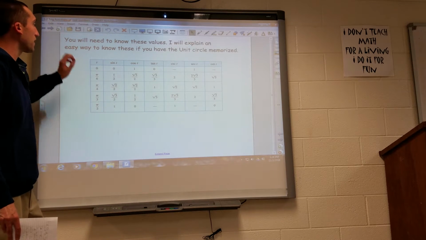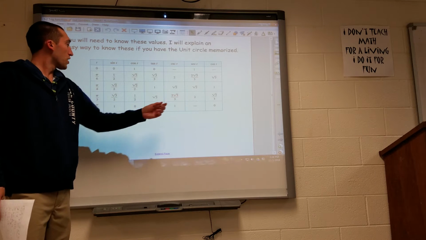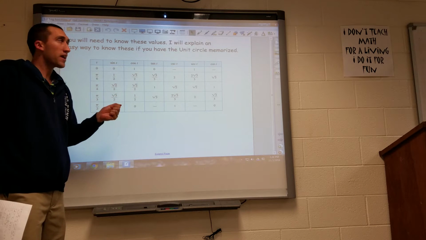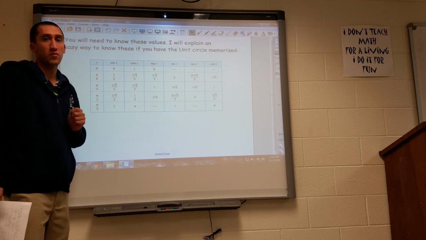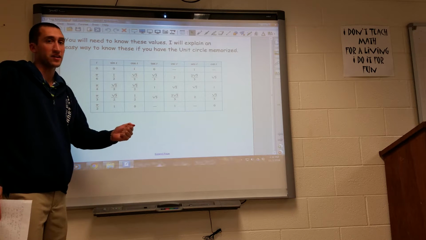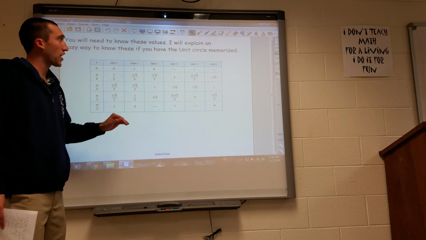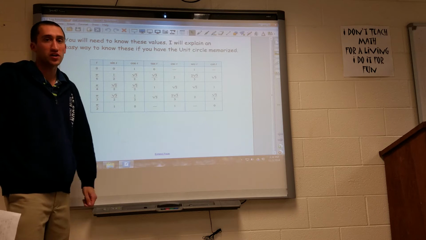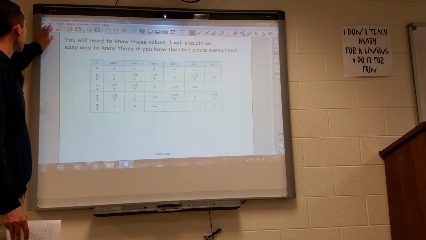But like I said up here, I have a real easy way for you to know these values, as long as you have the unit circle memorized. Just like we did in class today, as long as you've got that unit circle memorized, this chart should not be that difficult.